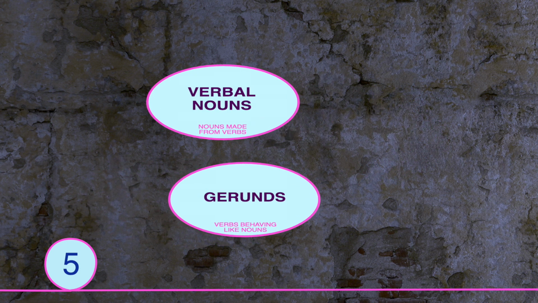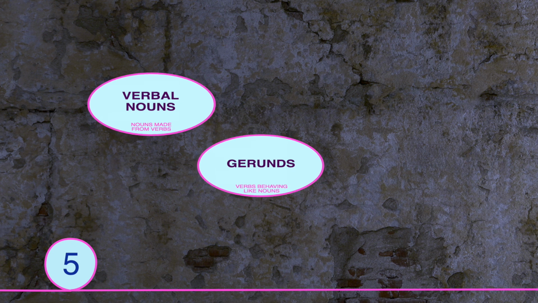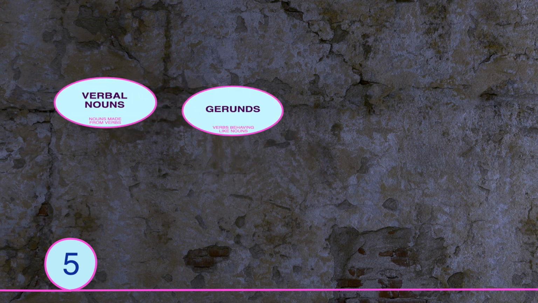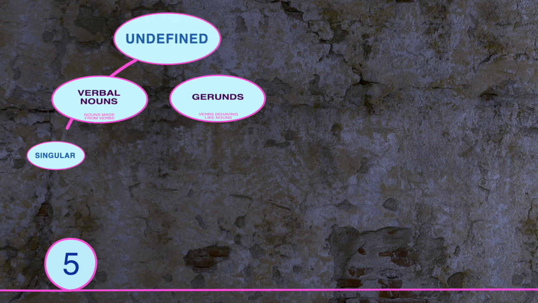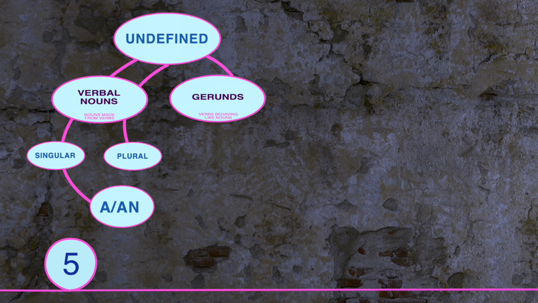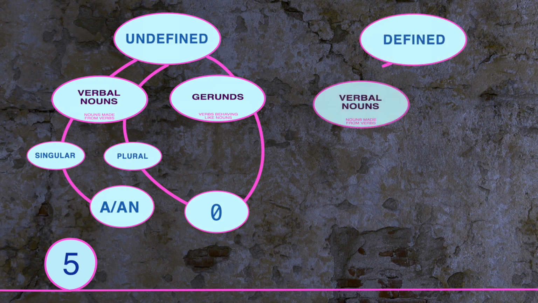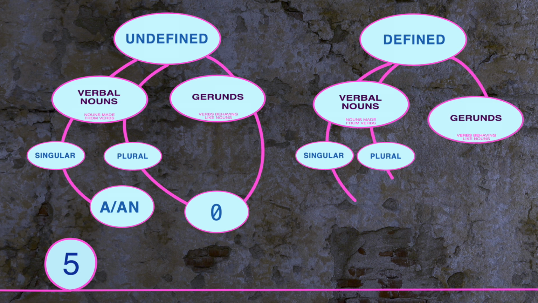This is done in the same way as with regular nouns used in general. Singular verbal nouns, when undefined, take "a" or "an". Plural verbal nouns and gerunds, when undefined, take a zero article, and both singular and plural verbal nouns and gerunds, when defined or specific, take the definite article "the".